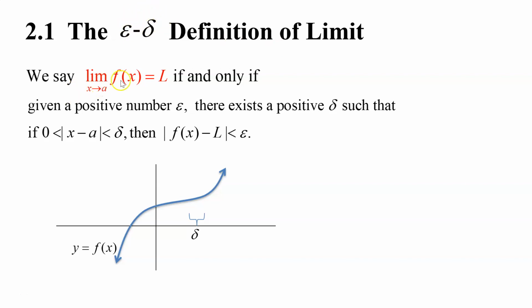We say that the limit of f(x) when x approaches a equals L if and only if, given a positive number epsilon, there exists a positive delta such that if 0 < modulus x minus a < delta, then modulus f(x) minus L must be less than epsilon.